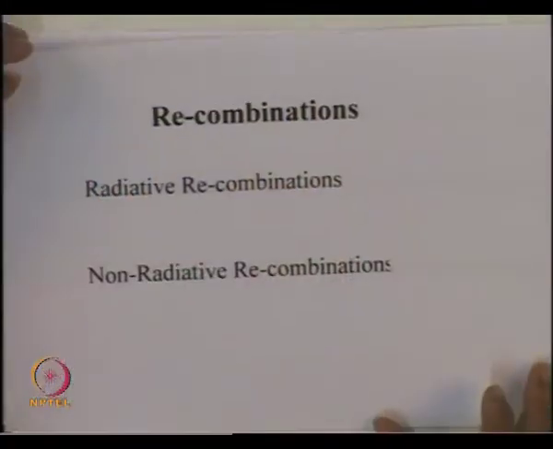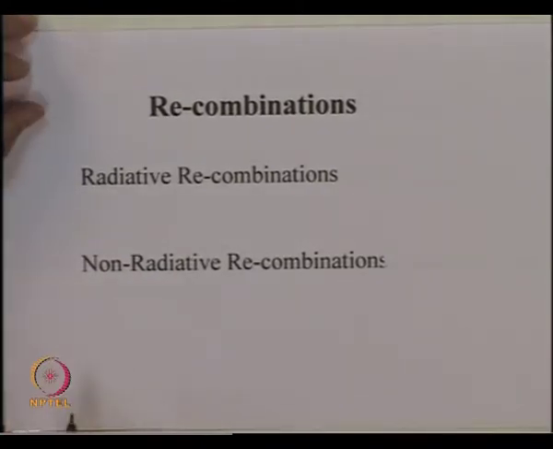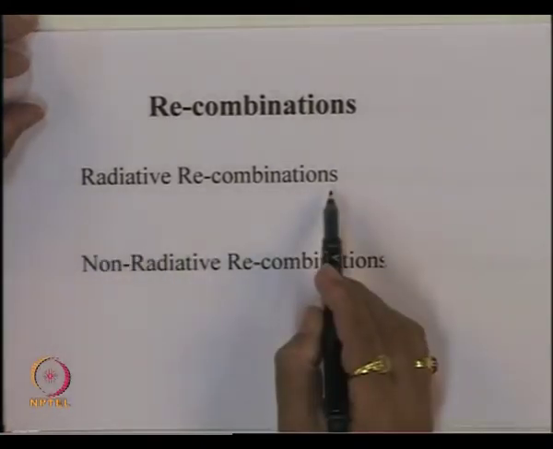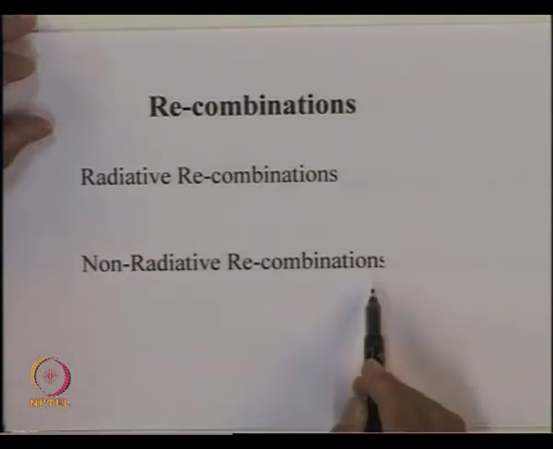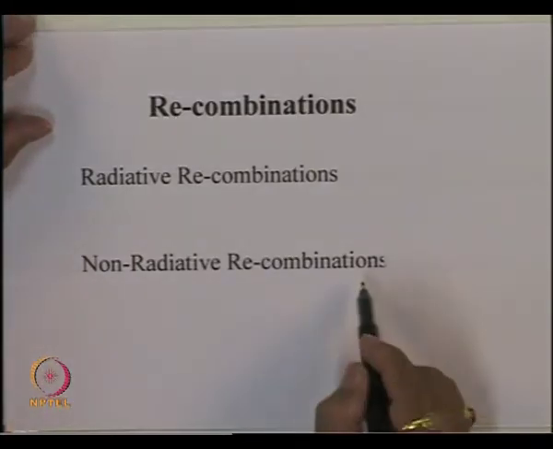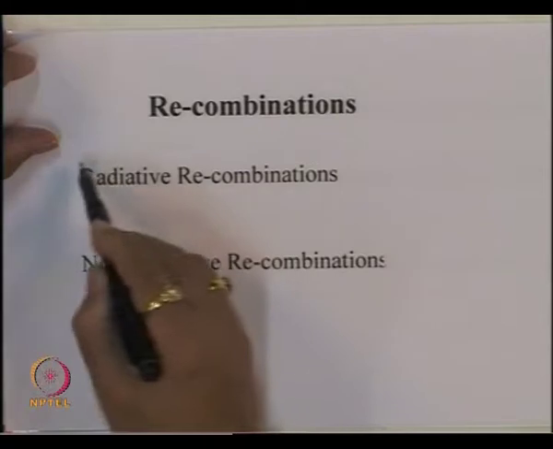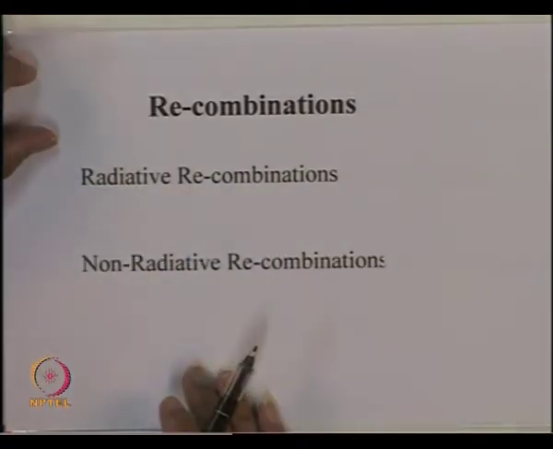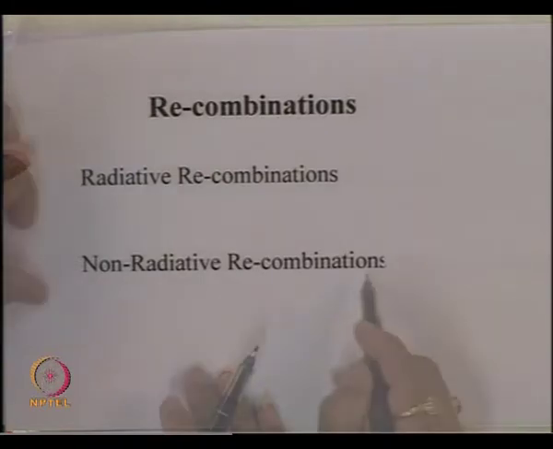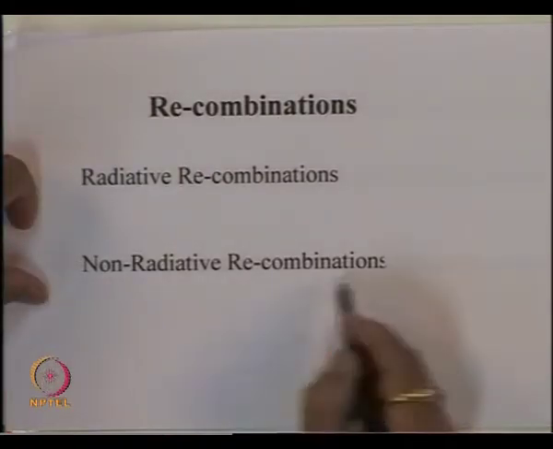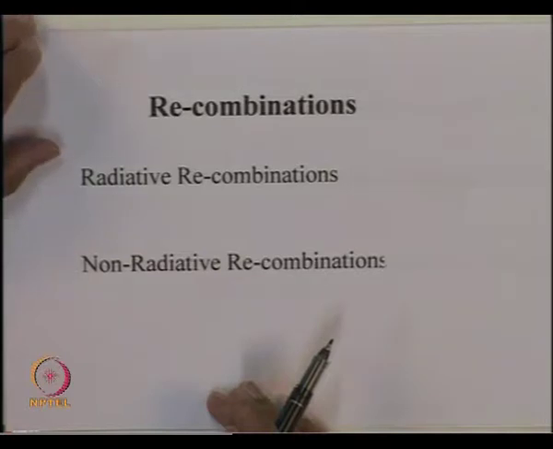So, what we have seen, we have got for the recombination two processes, the radiative recombination process and the non-radiative recombination process, and for emission of light, this is the process which is responsible, and this process is essentially a wastage of recombination, because this recombination does not give any photon out.